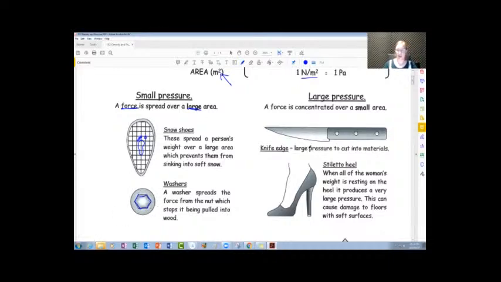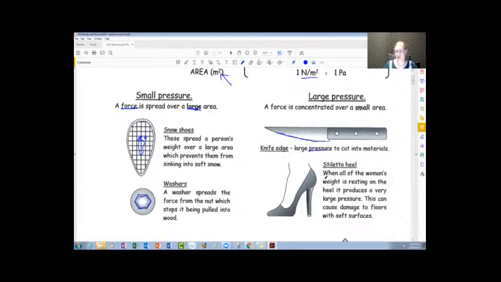If we look at the other side of the equation, a knife pushes all of the force we're using to cut onto a tiny little area at the edge of the knife. That allows us to cut a lot easier because we have a great amount of pressure.